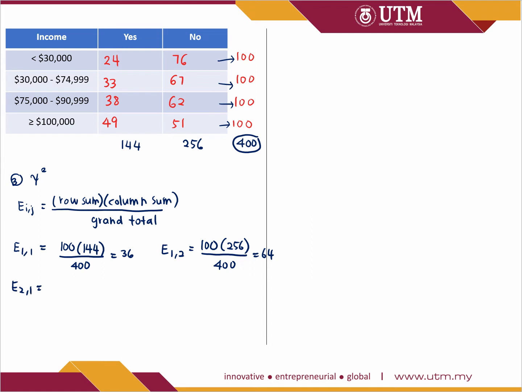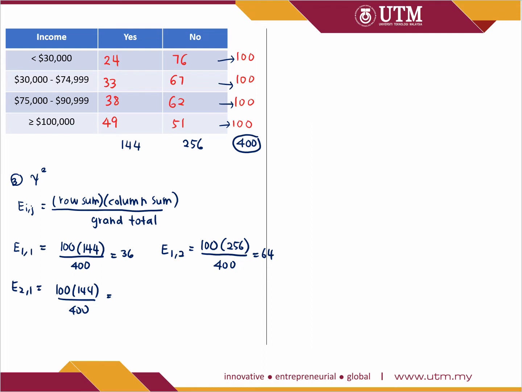For E21, it will be 100 times 144 over 400. So the value would be the same for each row in the first column, and the second column would be the same.